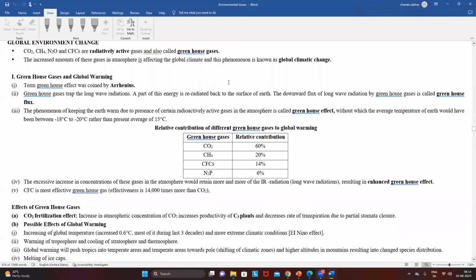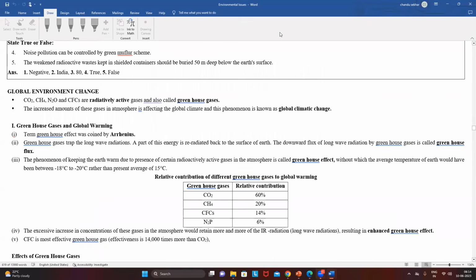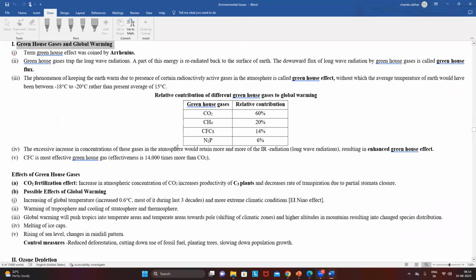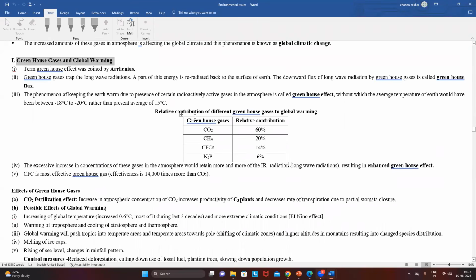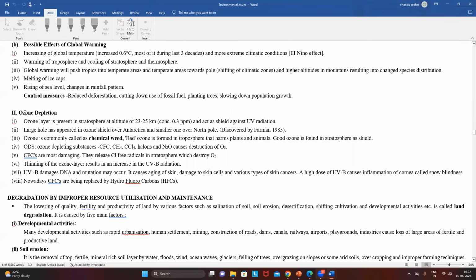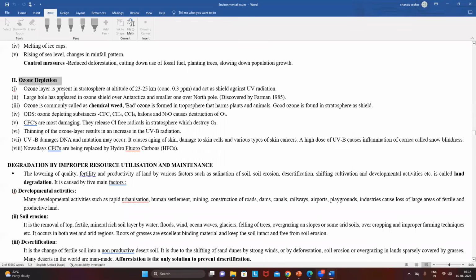Then, very important, very specifically asked in the exam in your syllabus is greenhouse gases. Very specifically they have asked. Very specifically they mentioned ozone depletion.